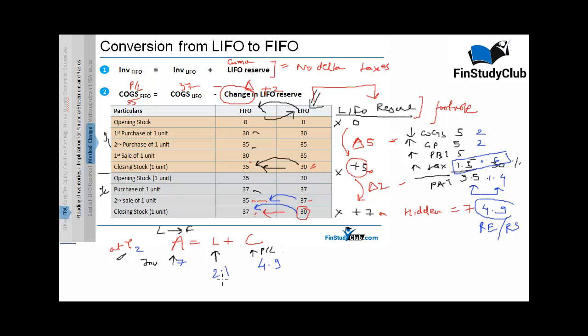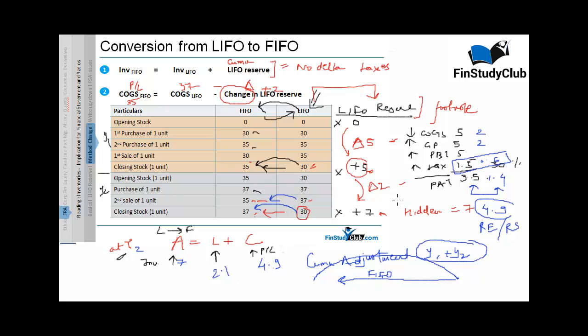What you need to understand is at the end of the second year, you will have to make a cumulative adjustment of both the years put together. Obviously, that's what a retrospective impact means, that you would have to go back to the history and come back restating all the accounts as if the new method, which is FIFO, was being followed since the beginning.